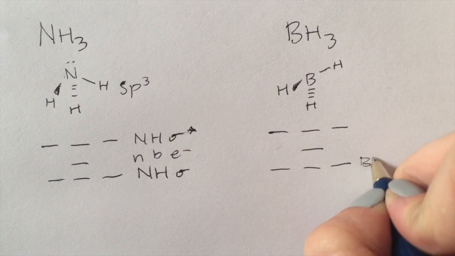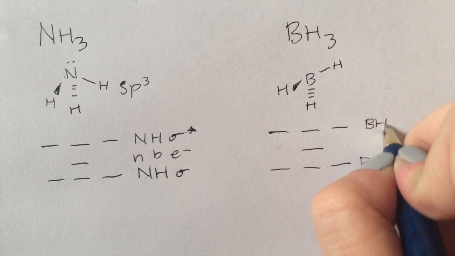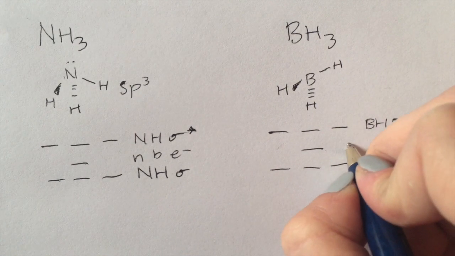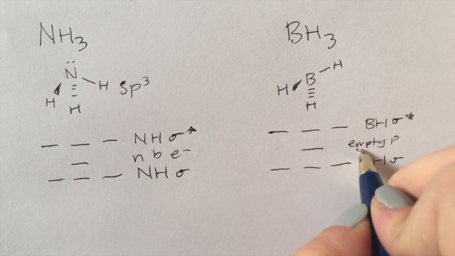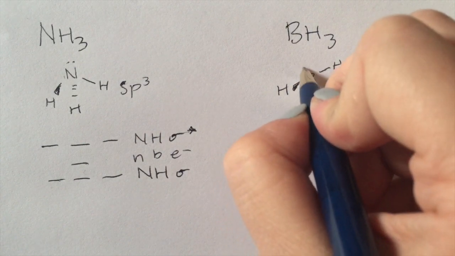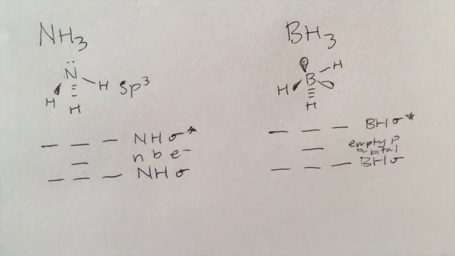On BH3 we have a BH sigma bond and a BH sigma star bond, which are the bonding and anti-bonding possibilities, and then in between we have an empty p orbital, and this empty p orbital lies perpendicular to the BH bonds, like so.